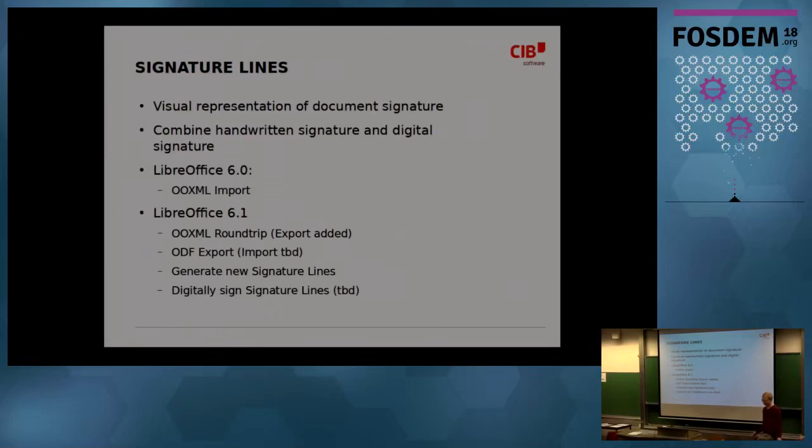ODF export is working, import is to be done. And you can generate new signature lines. There's a dialog for that, and edit existing ones, of course. It should also be possible to sign these signature lines. This is also to be done and hopefully done by 6.1.